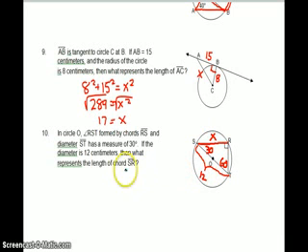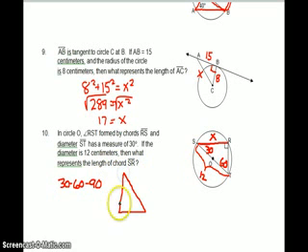We want to find the length of SR. Well, this is a special right triangle. In a 30-60-90 right triangle, which this is, the general rule is that the short side is half of the hypotenuse, and the long side is the square root of 3 times the short side.